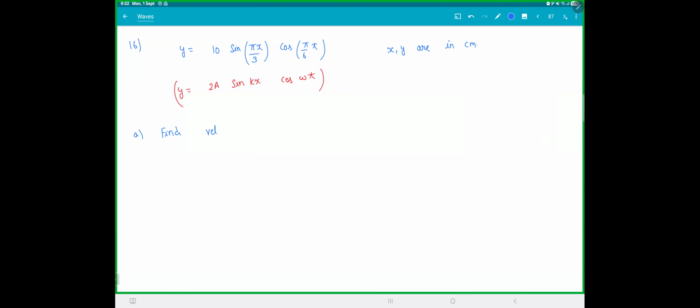Find the velocity and acceleration of the particle at x = 2 centimeters and t = 2 seconds. Find the wave speed, and the max speed and acceleration of a particle.